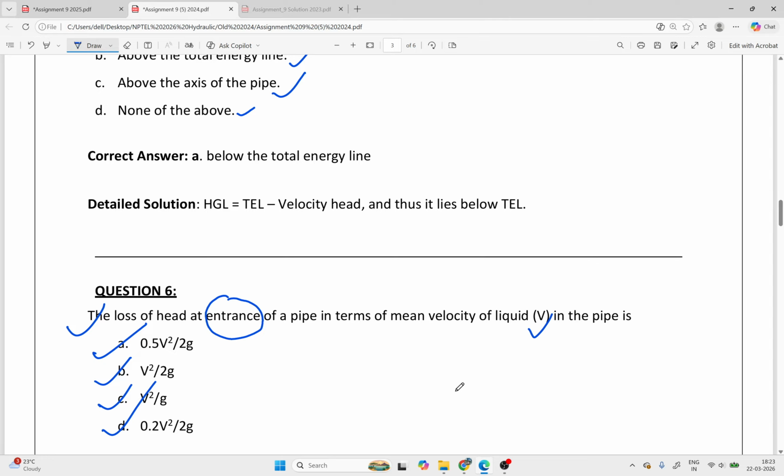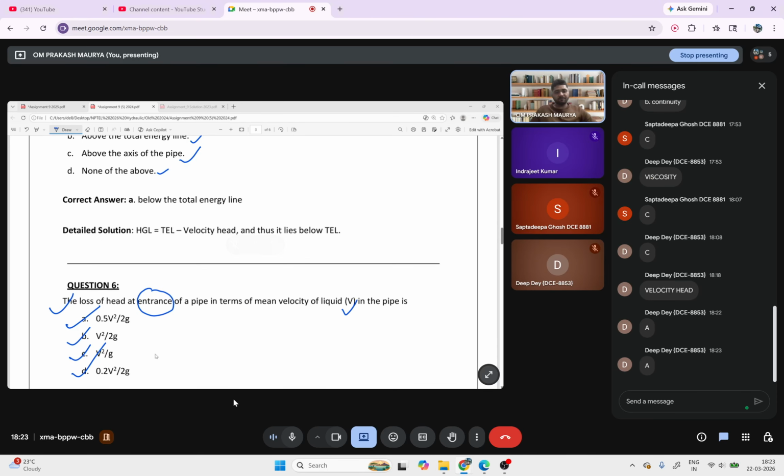So just think on that, and whether entrance or exit is more, you have to consider. Okay, so you are telling option A, 0.5 V square by 2g. Other students, please also write your answer, as we have discussed in the first or second question we were solving today, about the entrance and exit loss, that is a minor loss in the pipe.